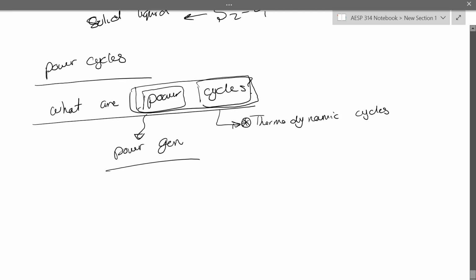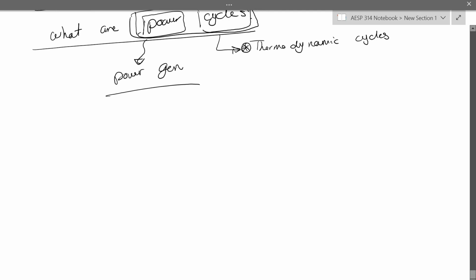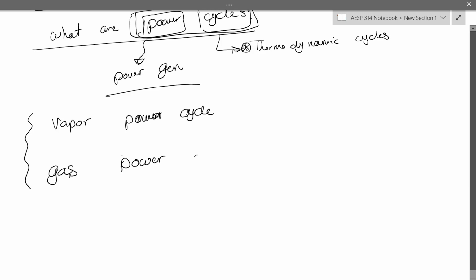What are the types of cycles we are going to deal with in this course? There are two main power cycles: vapor-based power cycles and gas-based power cycles. So this vapor and gas refers to the working fluid of the cycle.